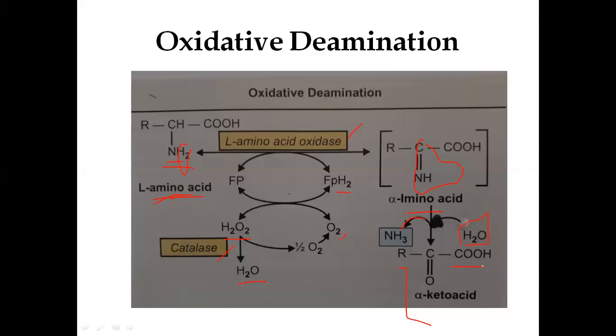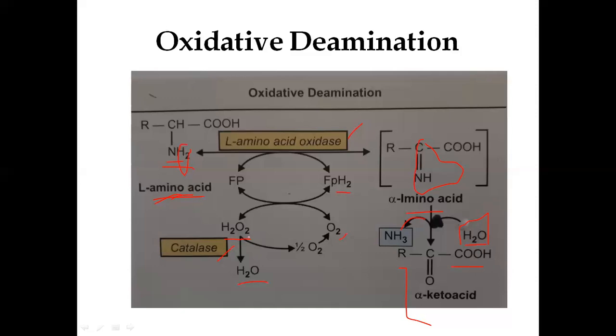It is reoxidizable at substrate level, and in the oxidative deamination in the presence of oxygen, the amino acid is dehydrogenated and the flavoprotein will be reduced. Soon, in the presence of oxygen, it will be oxidized, and the H2 will be converted into H2O2. And this H2O2 will be detoxified by the enzyme catalase to form water.